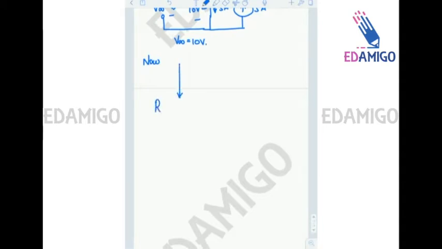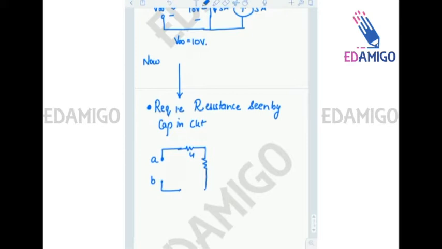To find out R equivalent, we remove the capacitance and mark A and B at the terminals of the capacitance, and then find the Thevenin equivalent resistance seen at the terminals AB. So we have to find RAB or R Thevenin.